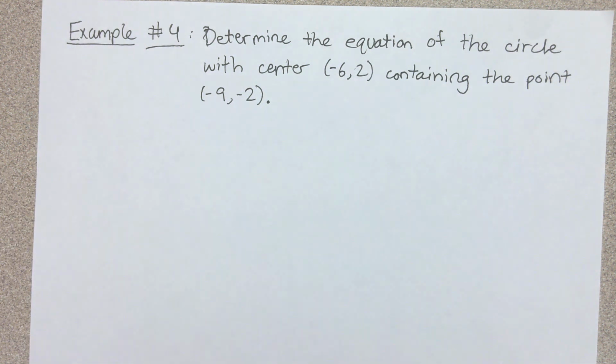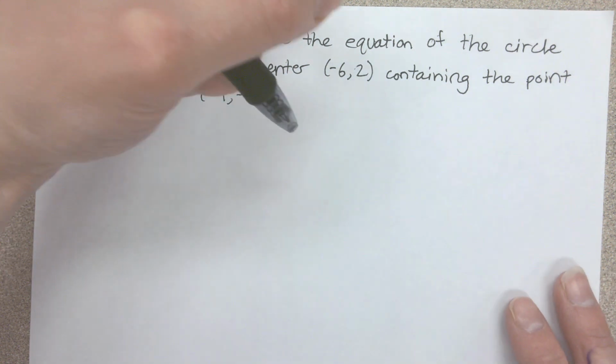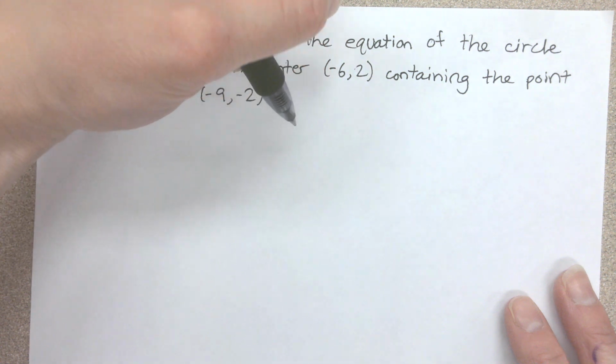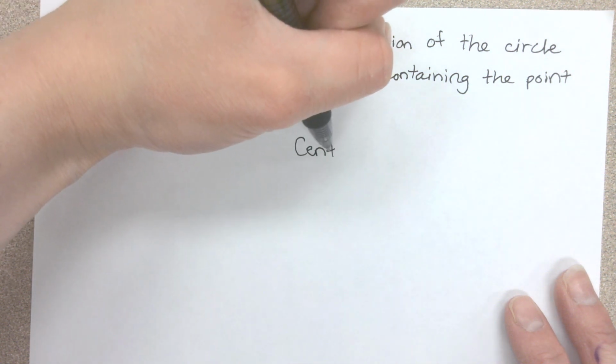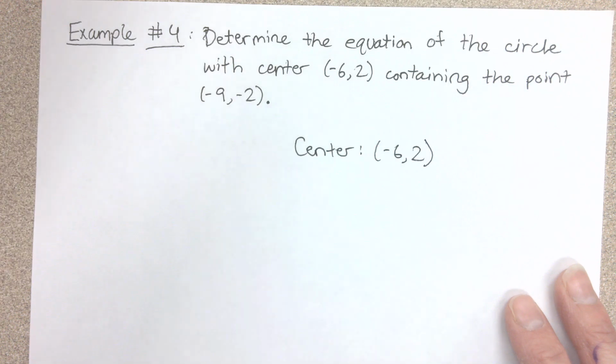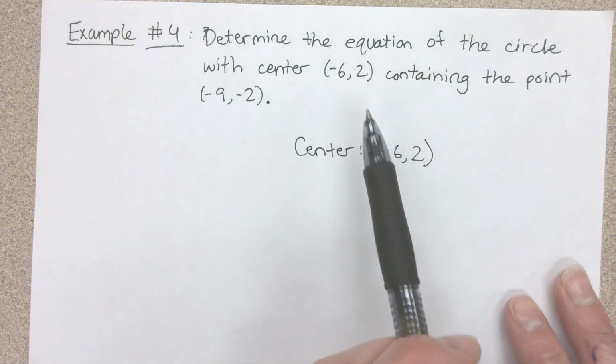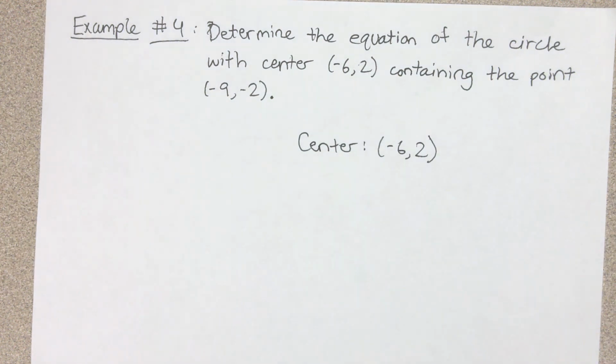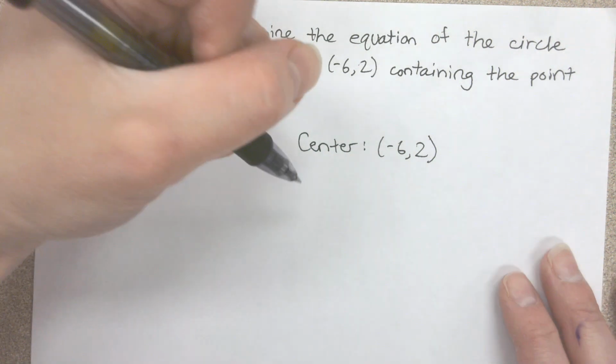So let's start with what we know about the circle. We know that the center is at -6, 2. And then the wording containing the point -9, -2, that's a point on the circle. It's contained by the circle.